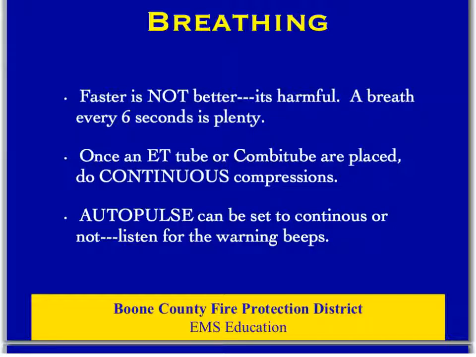And then if you're working a code with the AutoPulse, the mechanical CPR device that Boone Hospital uses, it can be set to continuous or to not continuous. And so make sure that you know which one's going on, and the AutoPulse will give you a couple of warning beeps, a couple of compressions ahead of time before you're supposed to give a breath.